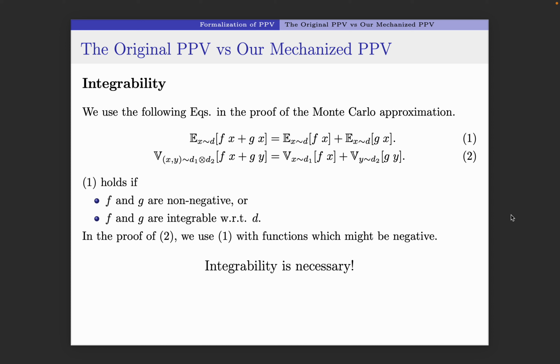The second equation is derived from the first equation. In the proof of the second equation, we use the first equation with functions which might be negative, and thus the notion of integrability is necessary. In the original paper, they implicitly assume the integrability and use these equations.